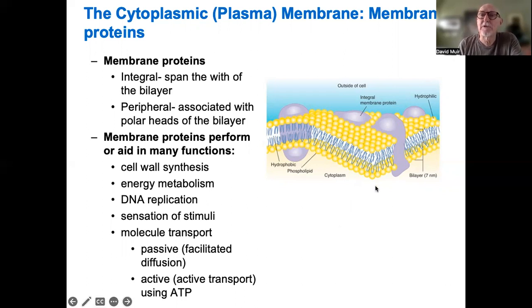There are many of these proteins which respond to different stimuli. Those stimuli can be the temperature, for example. They can respond to the presence of certain molecules, certain signal molecules. They can also respond to adverse conditions and result in the cell moving away from the adverse conditions, or they can sense the presence of favorable conditions and move the cell towards those.